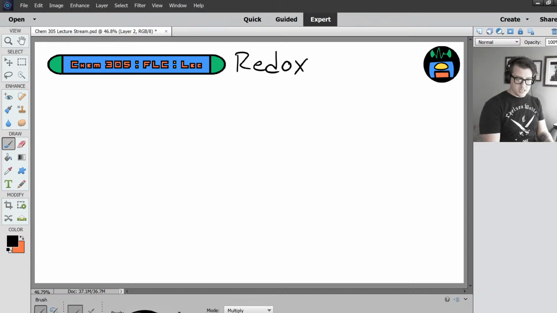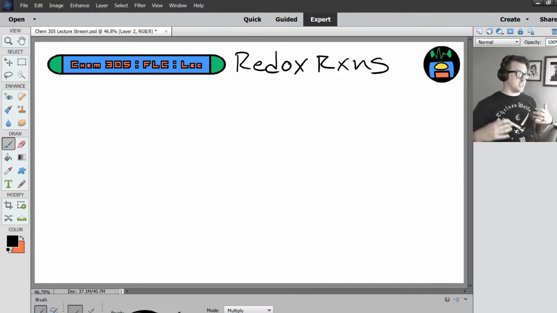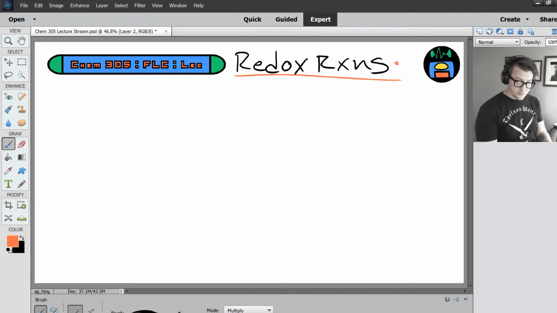Today we are continuing our conversation on redox reactions. We haven't even actually gotten to unpacking redox reactions yet. We've just been focusing on assigning oxidation states.